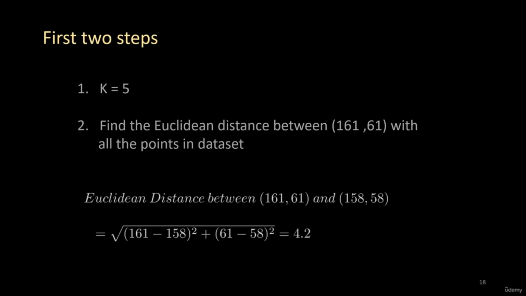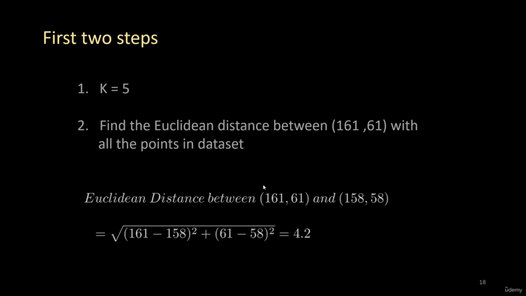So what will we do? We will apply the KNN algorithm, and here are the first 2 steps of the KNN algorithm. We have decided to take the value of k equal to 5. That is, we have decided to take the number of nearest neighbors equal to 5. The second step is that we have to find the Euclidean distance of this new point with all the points in the data set. So we will start with the first point.